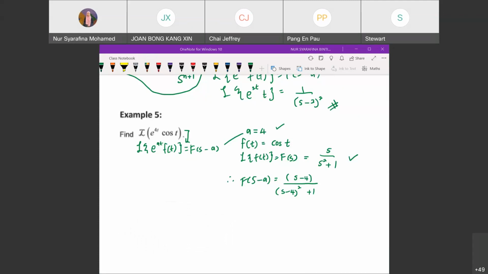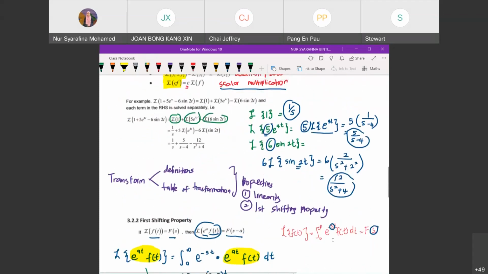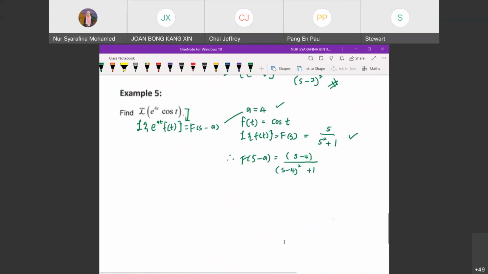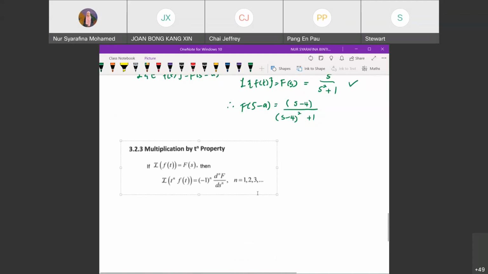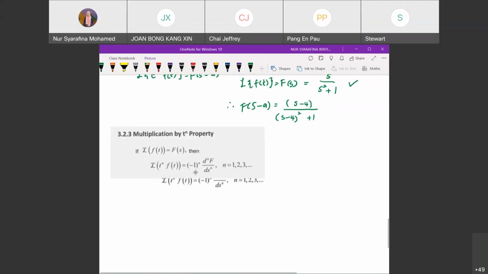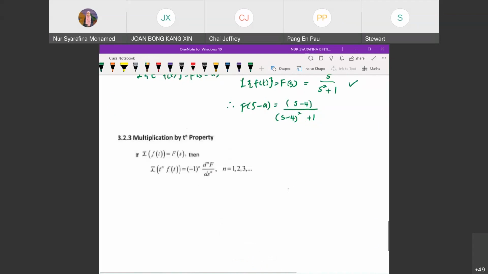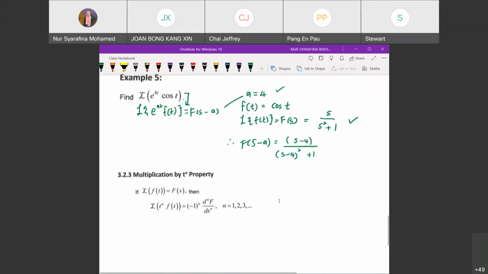We have done the first shifting, and we have also done the linearity. So the next property is multiplication. Before we can proceed to the partial question, let's try to understand the next property here: multiplication by t to the power of n. Previously we had f(t) times an exponent at in the first shifting property.